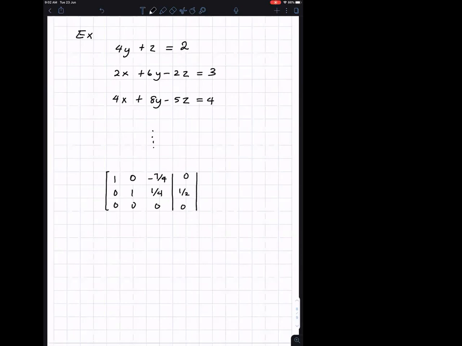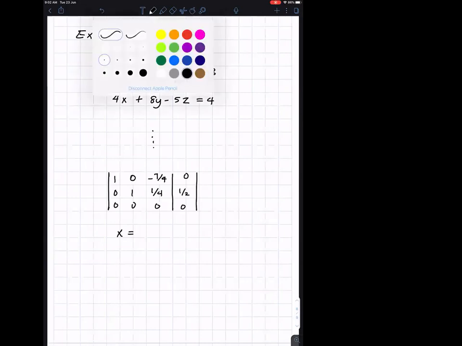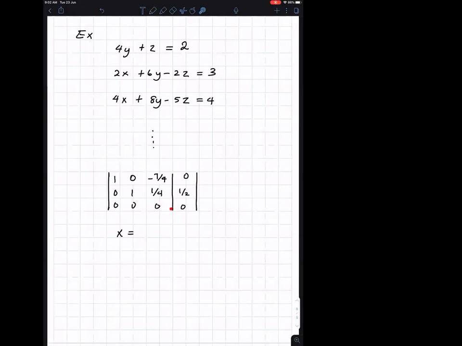You'll end up getting something like this. In this case, you may get something slightly different from what you see. Maybe some sign is a little different, or maybe it will be fractional over here. But the main idea is that the last row is all zeros.